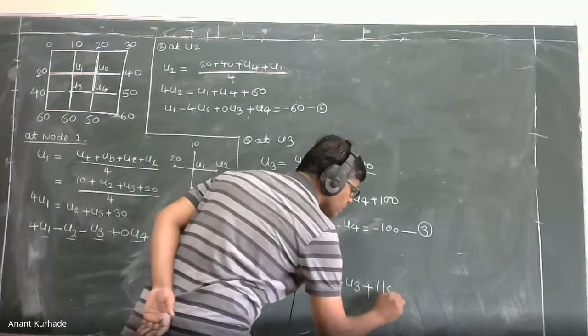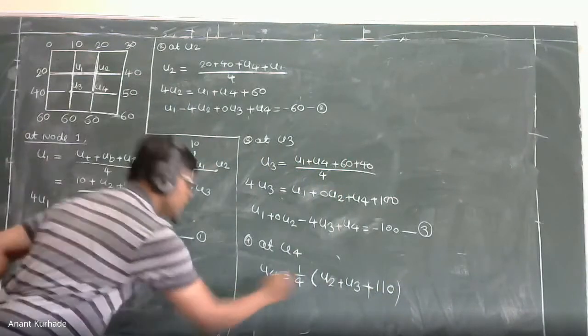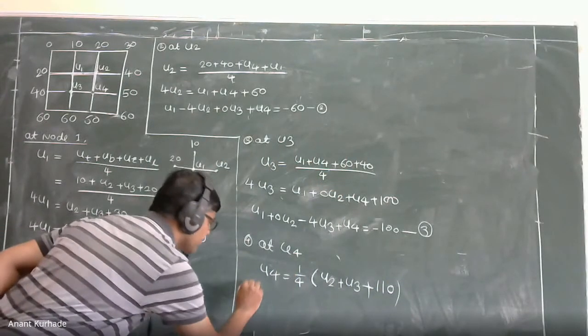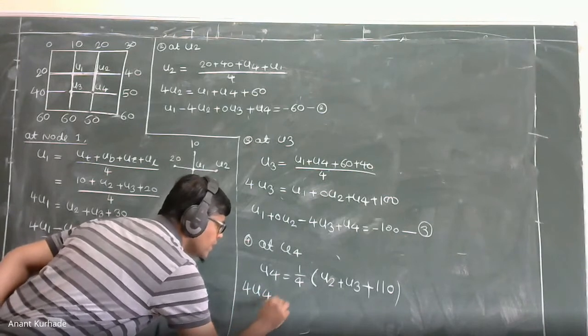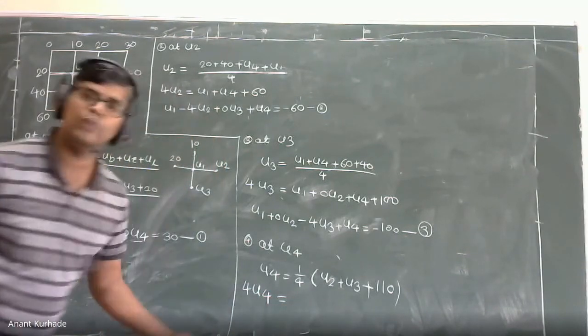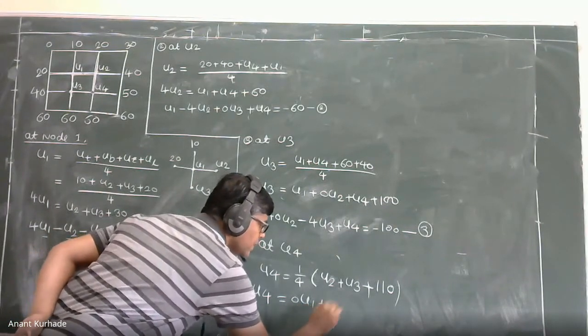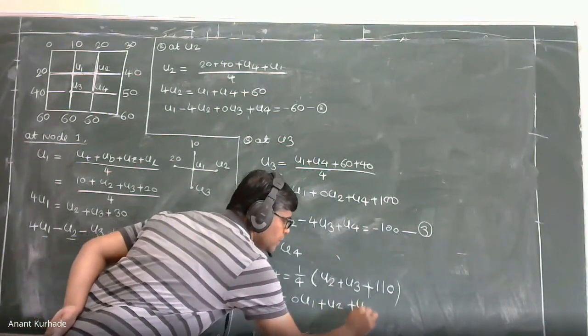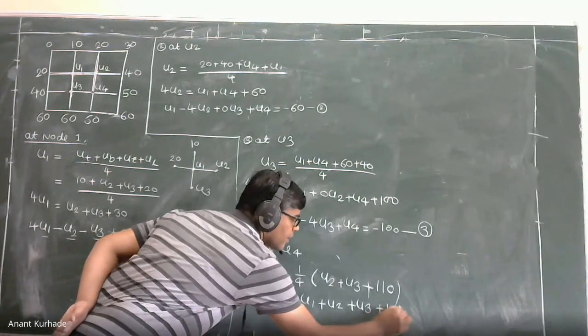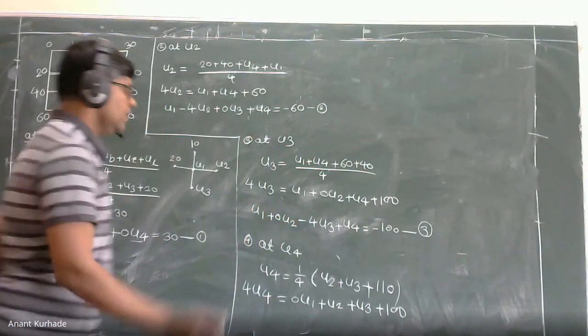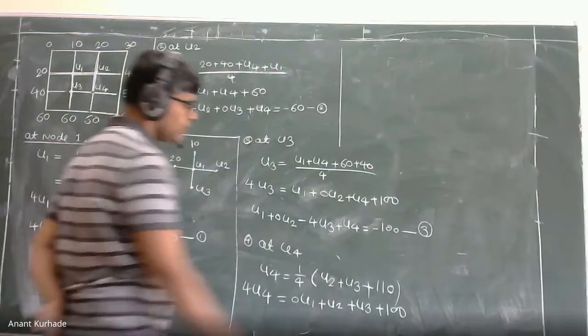So 4U4 is equal to, here U1 is missing, so we write 0U1 plus U2 plus U3 plus 110. While writing, maintain the sequence. So it is 110.